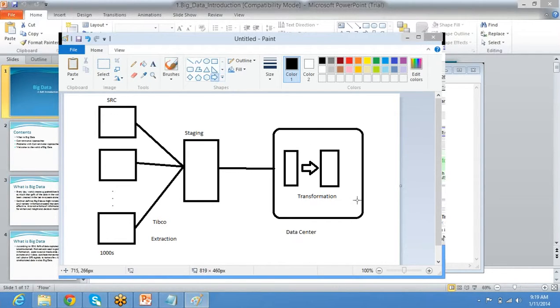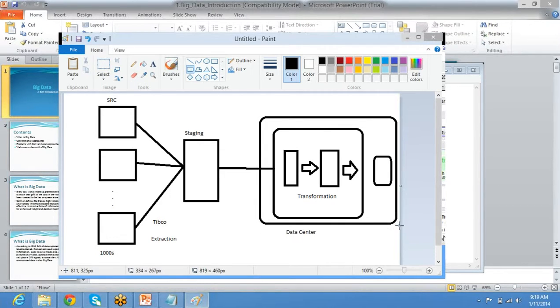Let me draw the arrow for the same. I don't have a mechanism for the cylinder here, no issues, let me write. It will be loaded into your data warehouse. The data warehouse is surely part of your data center only. My figure was a little small.